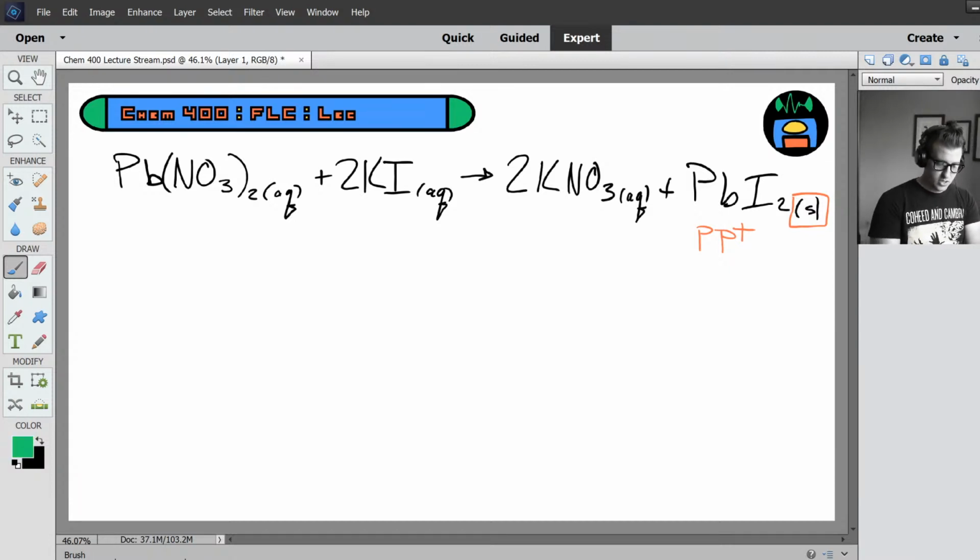You mix 2 aqueous solutions, and at least one of the possible products is a solid, an insoluble ionic salt, as is lead iodide.